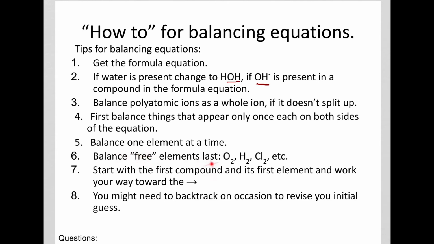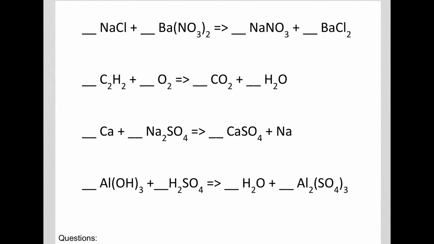Free elements, so elements that are by themselves, not bonded to any other different elements, leave those at the end, because when you add a coefficient to those, all that happens is that one will change, and that's usually what you're trying to change last. Start with the first compound, work its way towards the arrow. You might need to backtrack, but it's rare that will be occurring. All right, so let's put these into action. So I'm going to just start off, I'll go blue with this one.